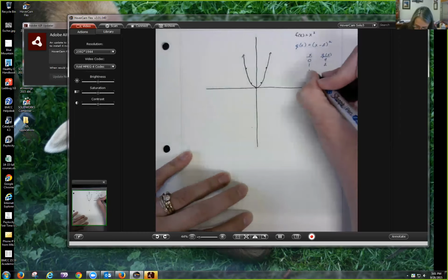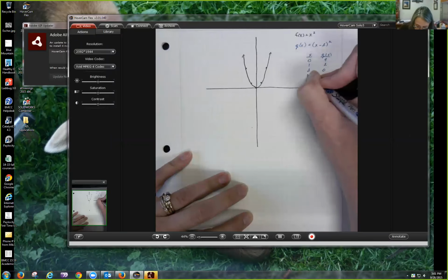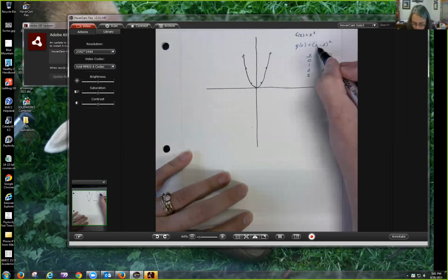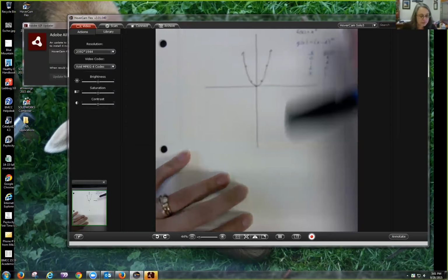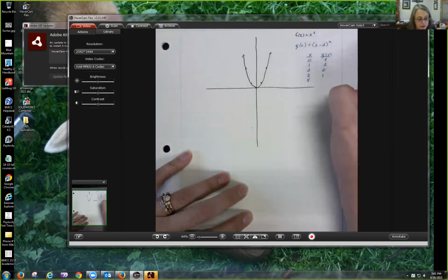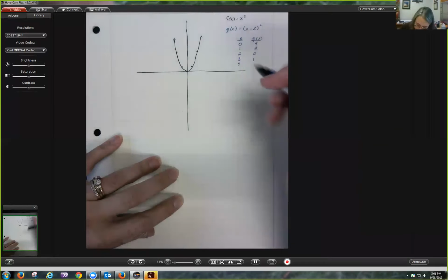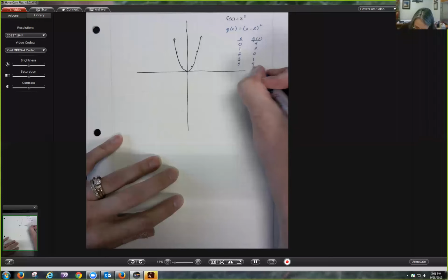If x is 2, 2 minus 2 is 0 squared is 0. If x is 3, 3 minus 2 is 1 squared is 1. If x is 4, 4 minus 2 is 2 squared, which will be 4.